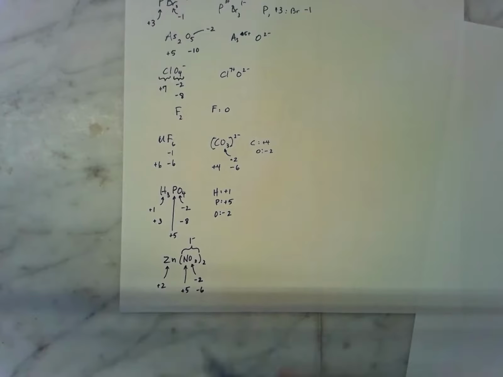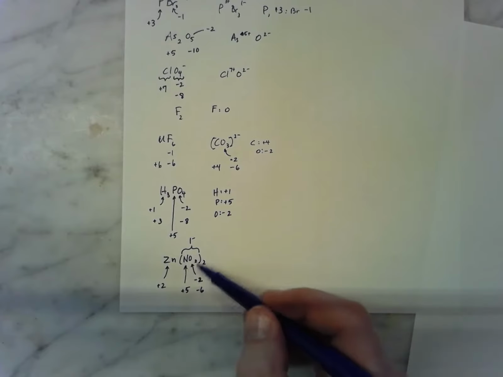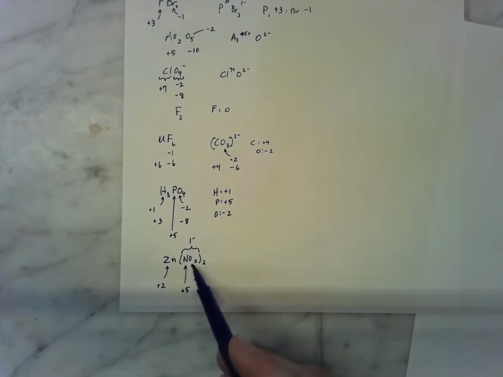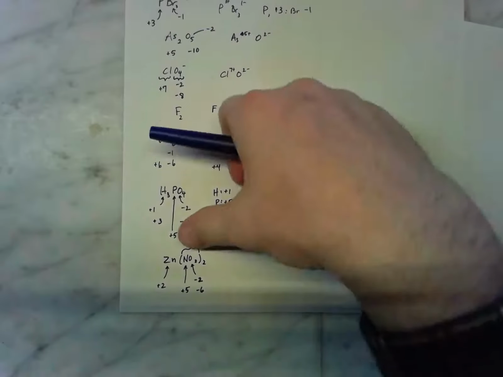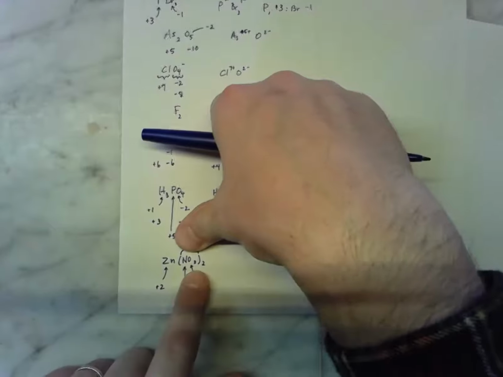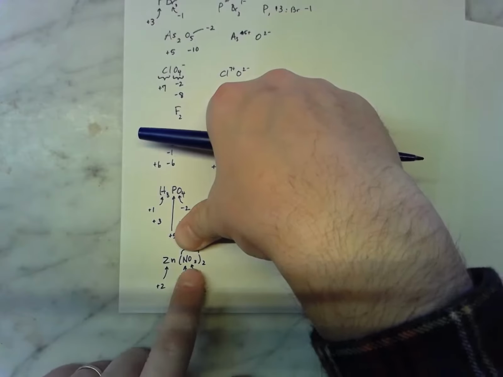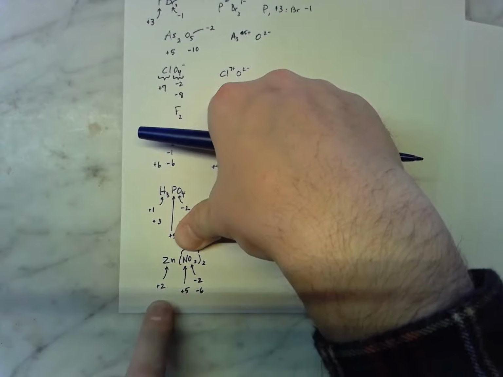So you guys would have been able to do this if I hadn't been asking you about individual oxidation states, because you would have memorized that NO3 is always a 1-. And then there's 2 of those, so this has got to be a 2+.